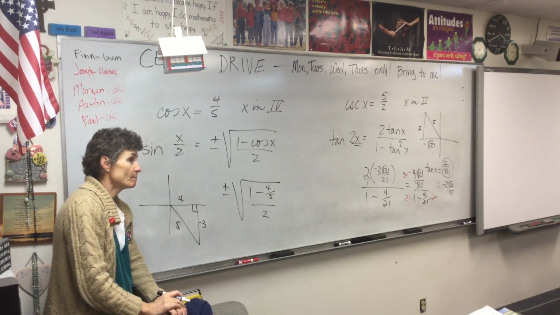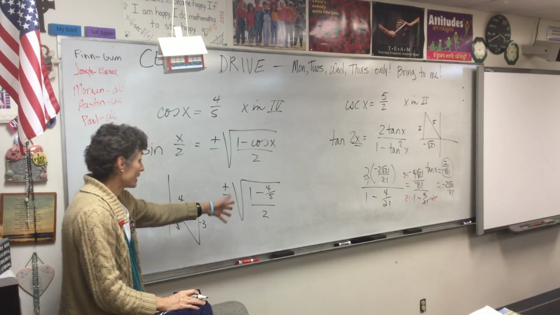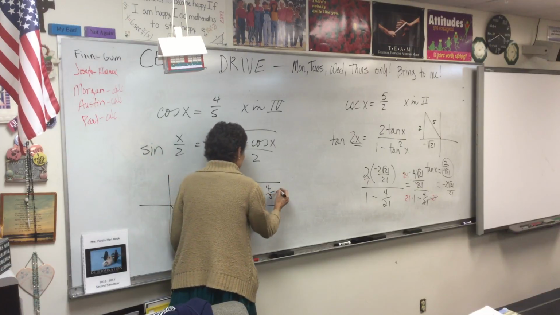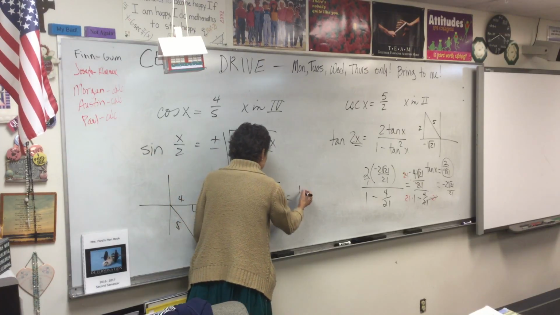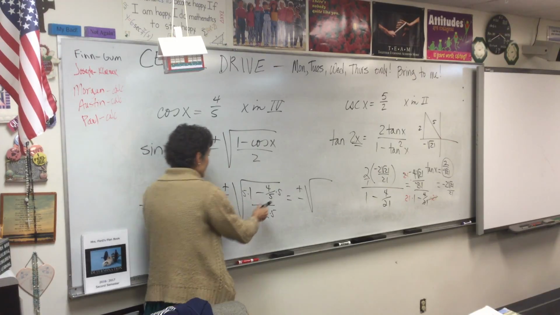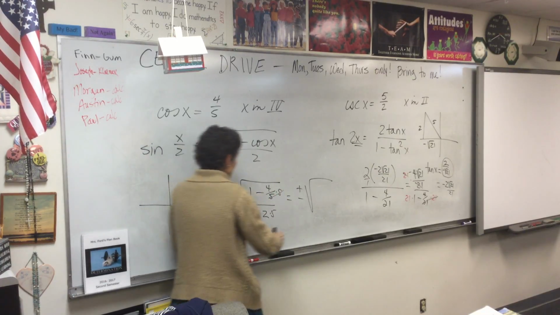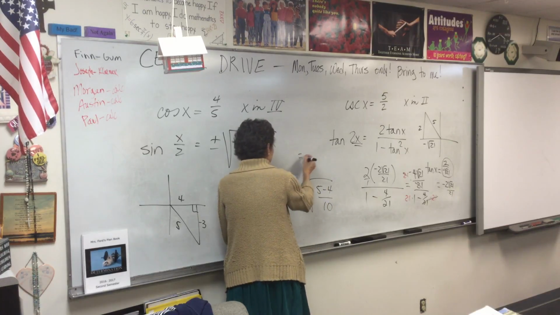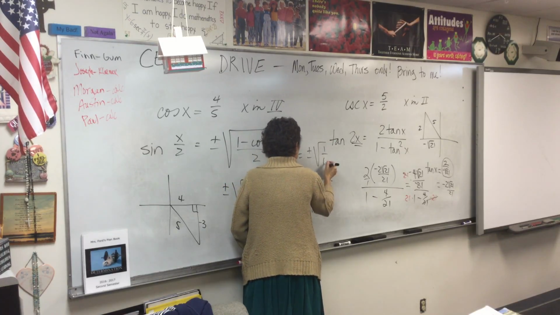Would everybody agree? Now, I don't care how you clean that up. Somehow you got to clean that up. I'm going to times everything by 5 because that's what I do. It's easiest for me. You can do it other ways. I couldn't care less as long as you get it cleaned up. This is going to be 5 minus 4 over 10, which is the square root of 1/10.